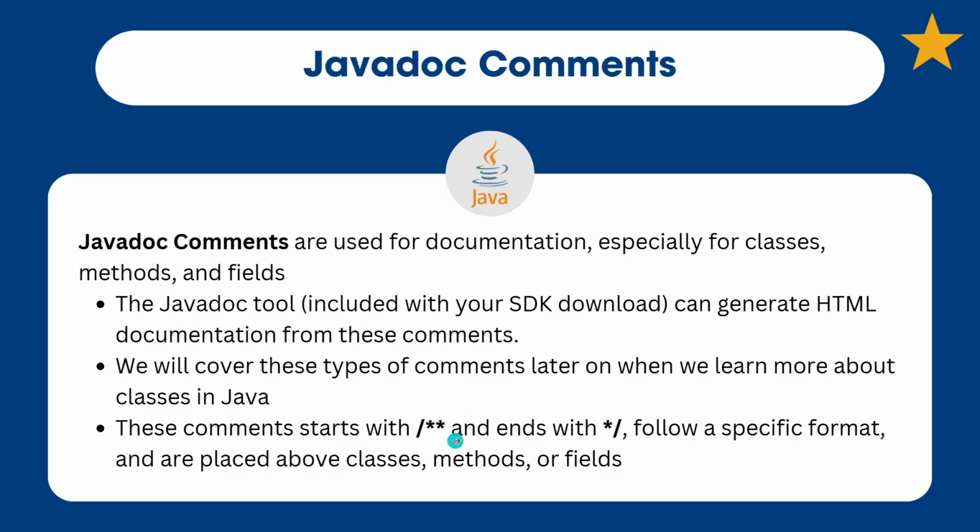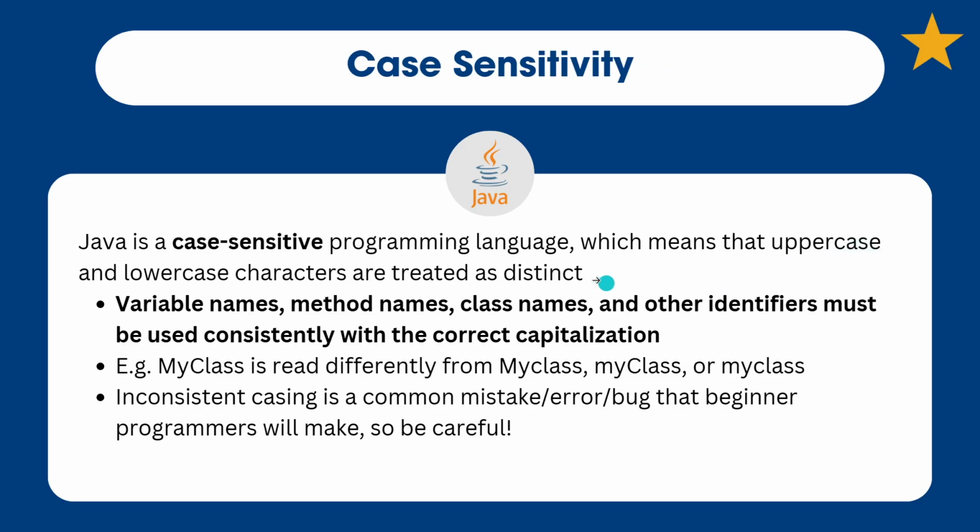So even though you're just writing it in this text-based editor, it's going to generate really nice graphical documentation. We'll explore that much later on when we get to classes and full-fledged programs in Java. But just for now, we're going to give a shout out to JavaDoc comments, probably the most important.